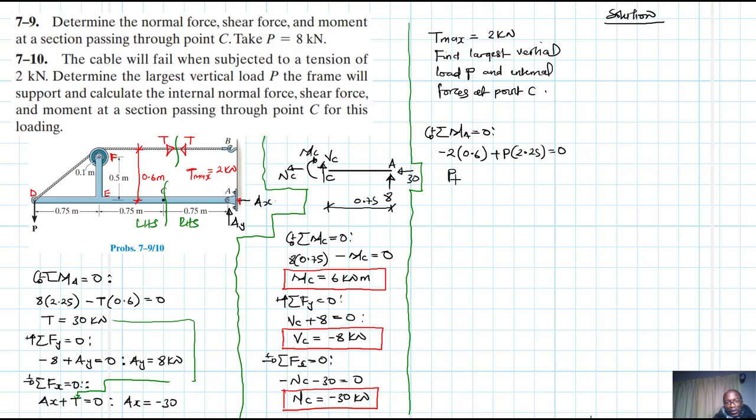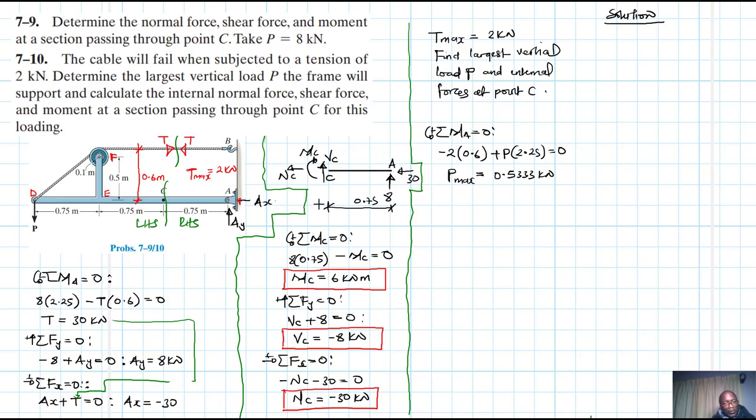Therefore, P max is going to be equal to minus 2 by 0.6 divided by 2.25. So this gives us 0.5333 kilonewtons. So that is our P.